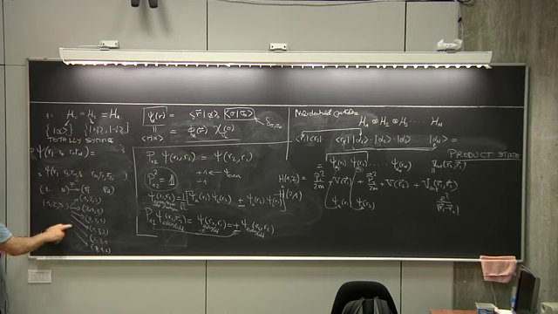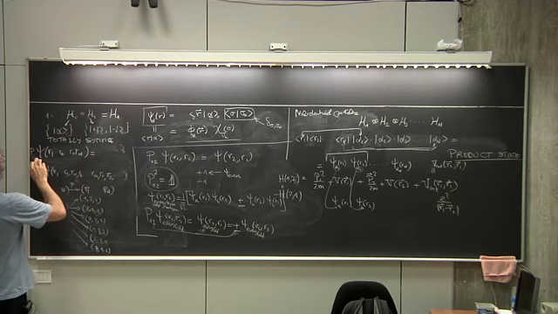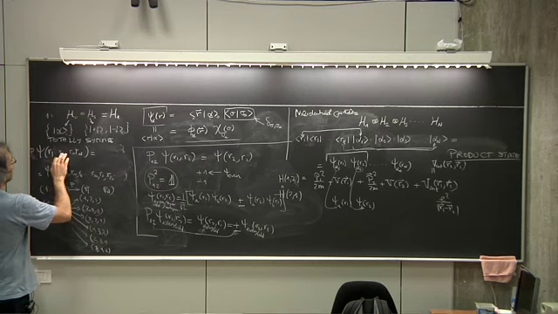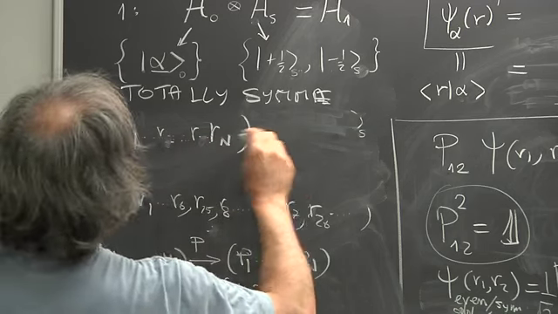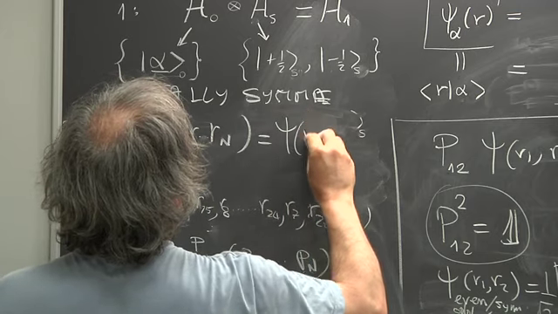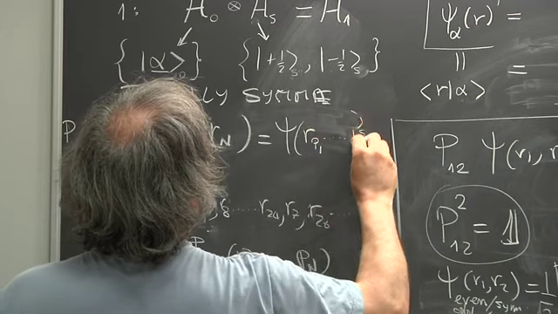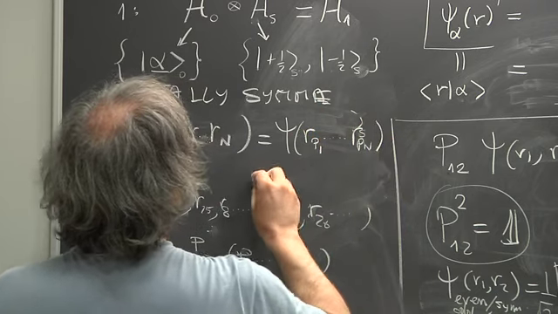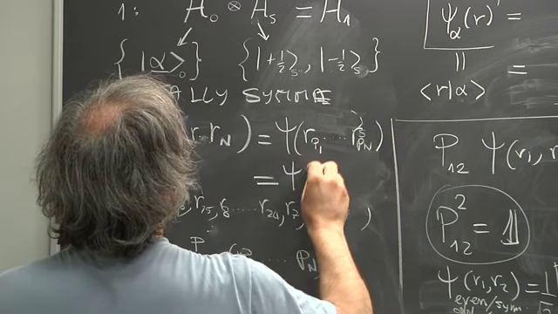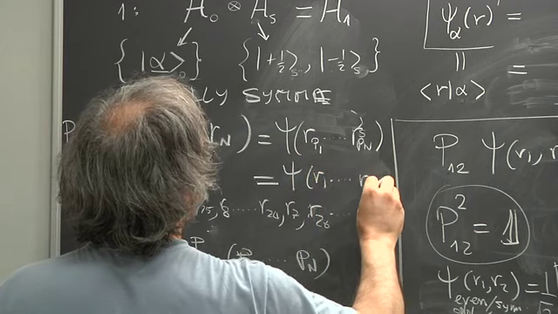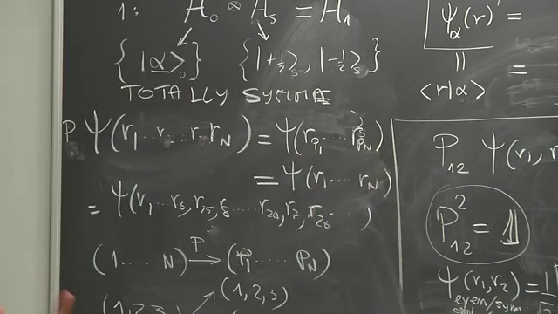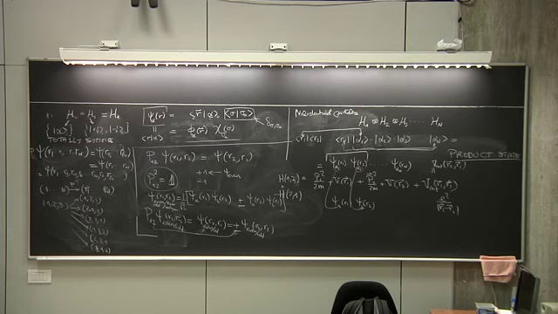For any P in the list, P of psi of R1, ..., Rn, which is nothing but psi of R_P1, ..., R_Pn, is totally identical to psi of R1, ..., Rn. You realize this is a very strong thing, okay? So you scramble the variables in the function in any permutation you can come to your mind, and the function is still the same, okay?